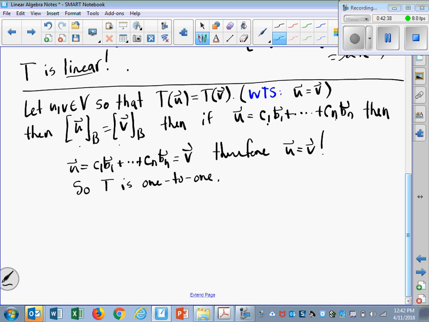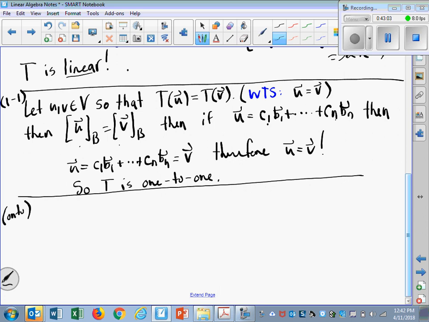So how do you show onto? So this was one-to-one, and now we want to show onto. Okay, well, onto means that if you choose something from the range, then there has to be a vector in the domain that maps to it. So choose something in the range. What is the range here? It's Rn. So let's just choose something out of Rn. Let this vector y be in the range.